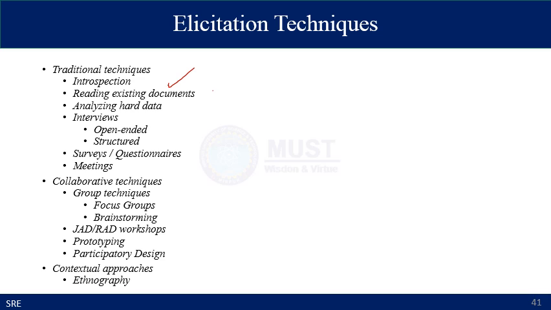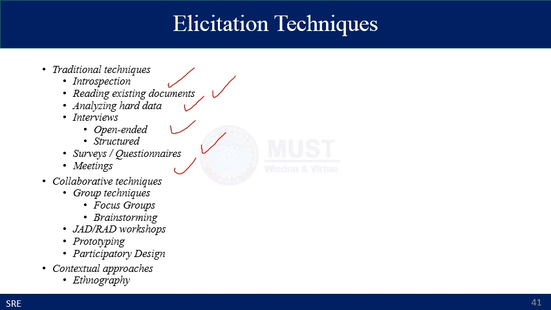You can read existing documents, analyze the hard data collected, or conduct open-ended or structured interviews to ask users about their requirements. You can also create questionnaires and conduct surveys to gather requirements, and conduct meetings with potential stakeholders to elicit requirements.